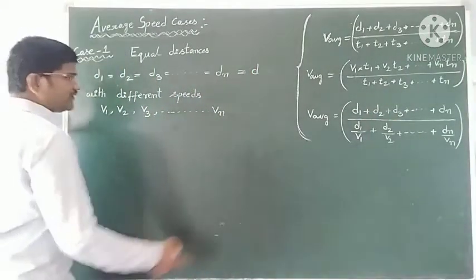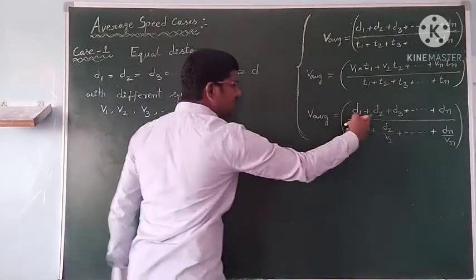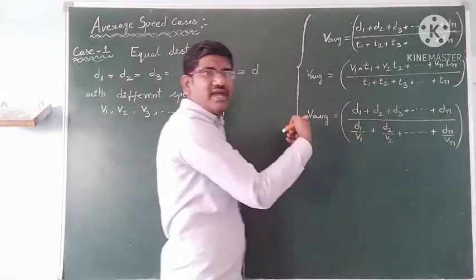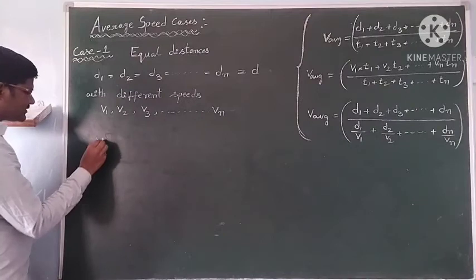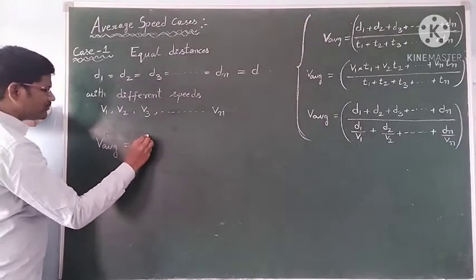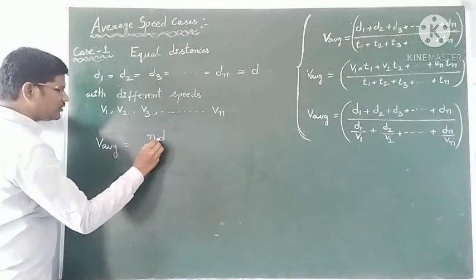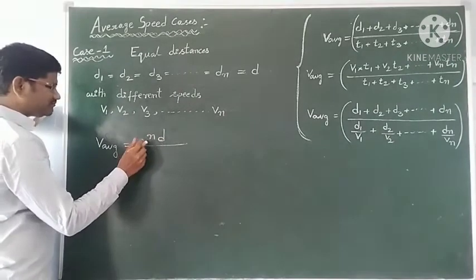So what can I write, students? D1 means d, plus D2 means d, plus D3 means d, plus Dn means d. How many terms do we have? N terms. So V average is equal to n into d.